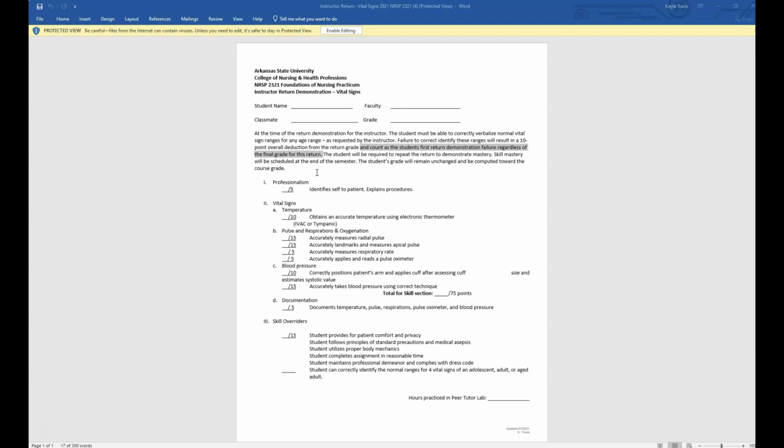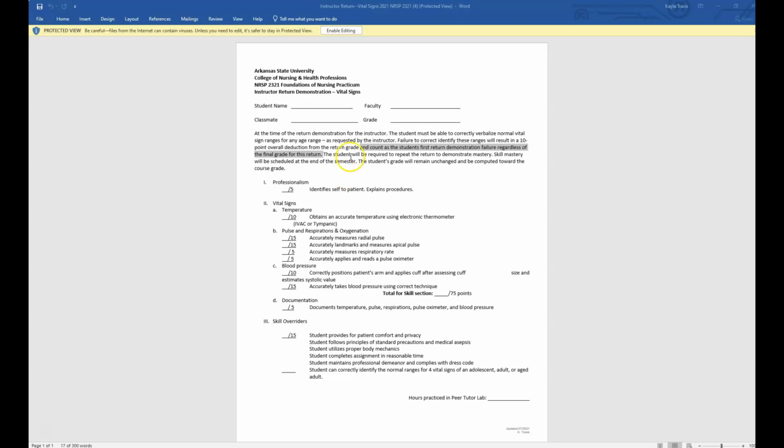Therefore, if you're unable to identify the ranges of those normals, you will receive a 10-point overall deduction from this grade, and it will be counted as your first failure. You will be required to repeat the return to demonstrate mastery. So please, please, please memorize those normal values. They not only will help you on this return, but I can promise you that they will help you on your theory exam as well.